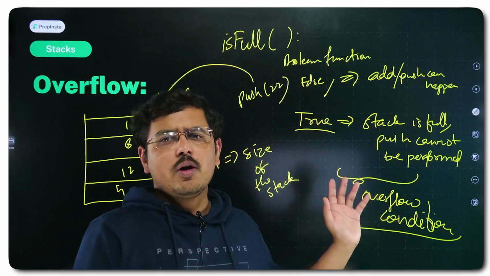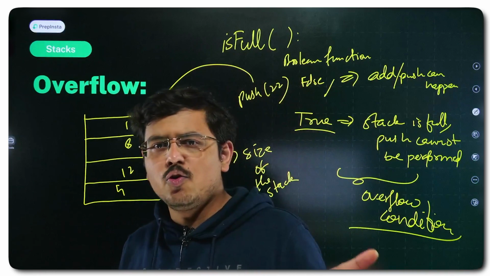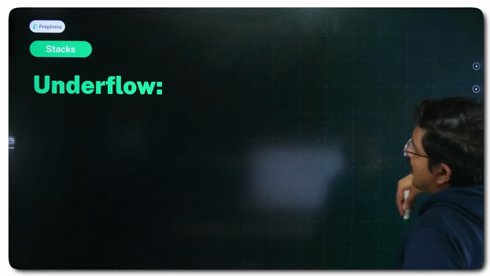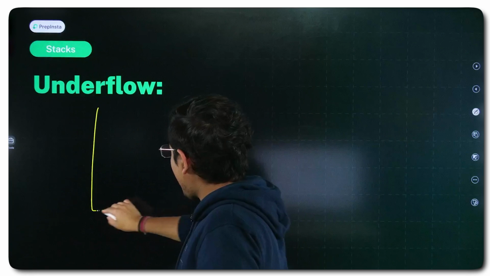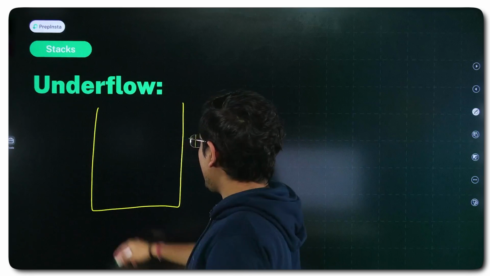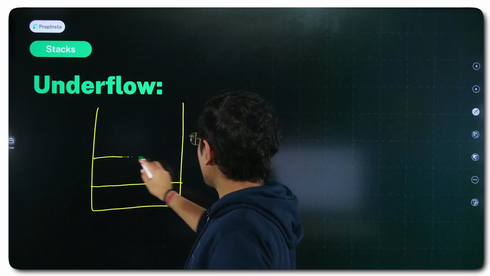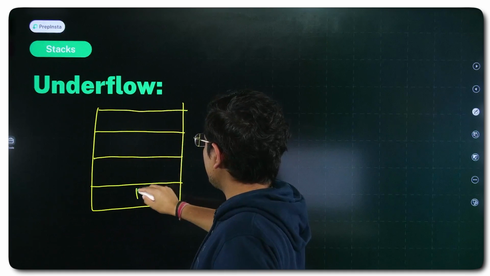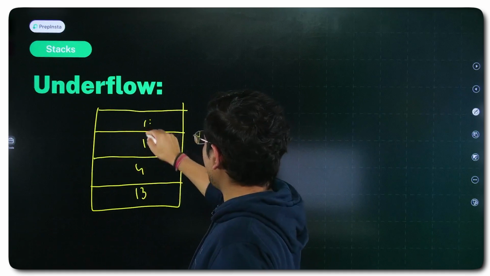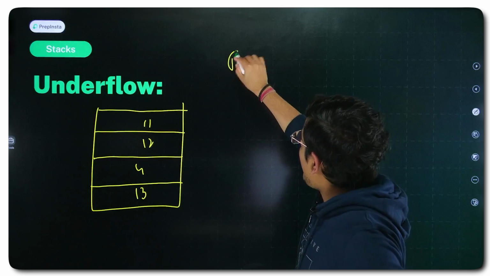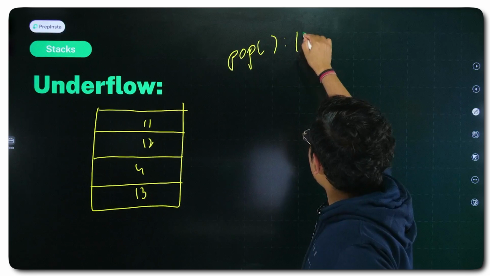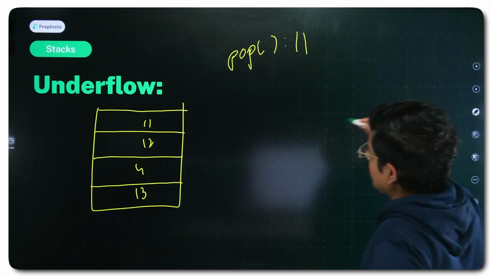Now if you have understood overflow well, you might be aware of what is underflow. But still, I'll explain it to you. When you have this stack and you had these 4 elements as we discussed, say 13, 4, 12, 11. Now you started popping. You applied the first pop, you got 11 as your answer, 11 got removed.